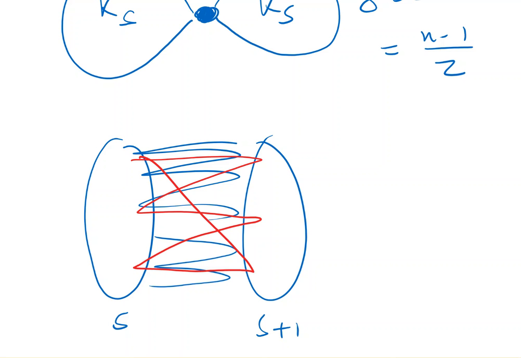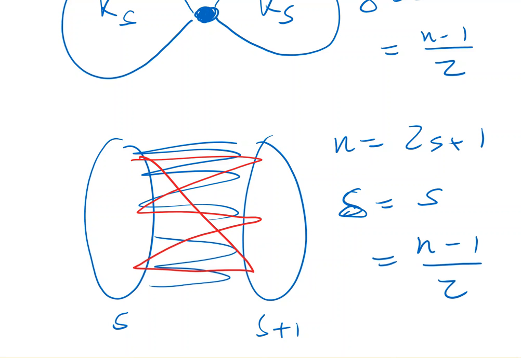I can't have that. And again, here my n is now 2s plus 1 in this case, and my delta here in this case is, the guys on the right side only see s vertices, which again is n minus 1 over 2. Again, just below our bound.